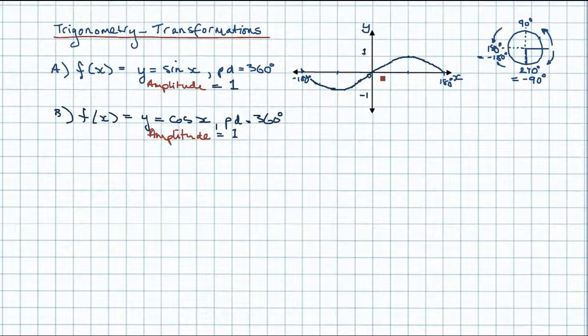Let's start with 0 again. When we input an angle of 0, the cosine of 0 is going to be 1. So again we can mark it on our graph here. If we go to our 90-degree value straight away, we know that's going to be a 0, so nice and easy. At 180 degrees, it's going to be -1.